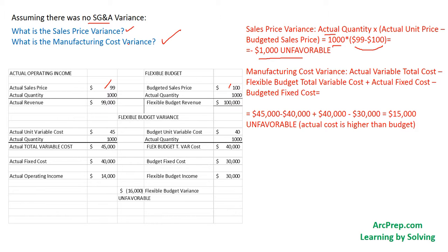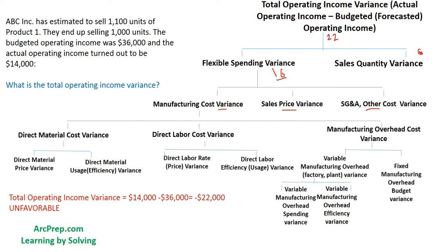Let's go back again to our original sheet. This was 0, that's what we assume. Sales price variance is 1, so that means manufacturing cost variance needs to be 15,000. Let's go back and make sure that the manufacturing cost variance is actually 15,000.